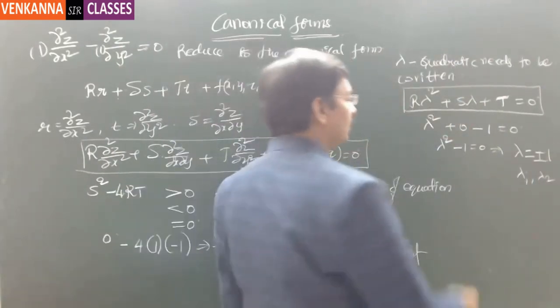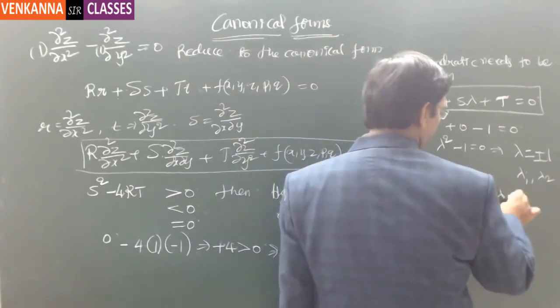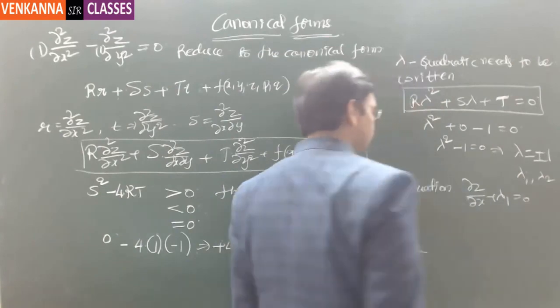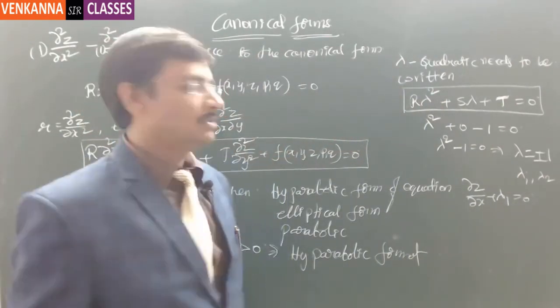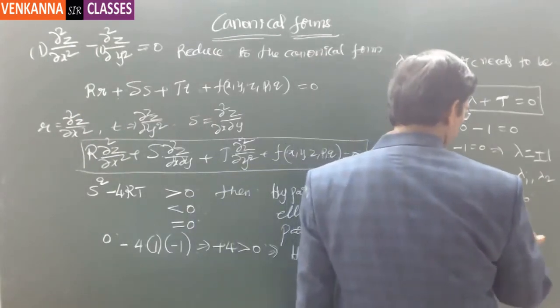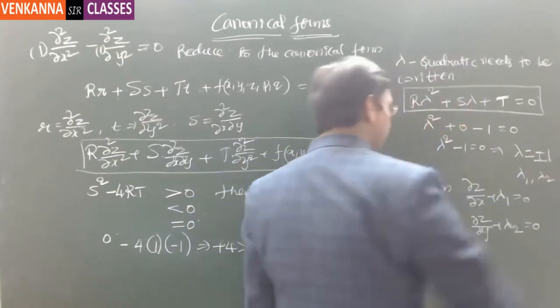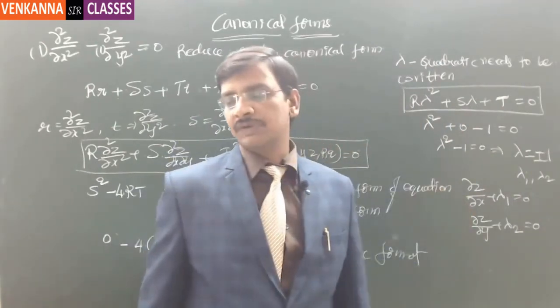Then what you need to write is dou z by dou x plus lambda 1 equal to 0. This is one equation which you need to write first. And similarly, dou z by dou y plus lambda 2 equal to 0. This equation also you need to write. Then you have to solve these two differential equations first.